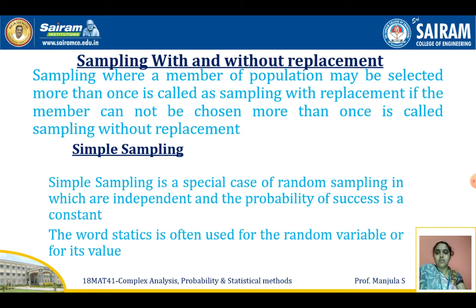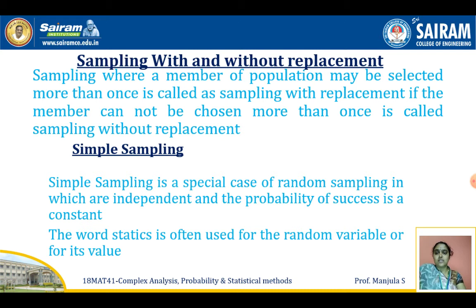If a member cannot be chosen more than once, that is, once we choose an item from the population we won't replace it, so that item does not get another chance, that type of selection is called without replacement.